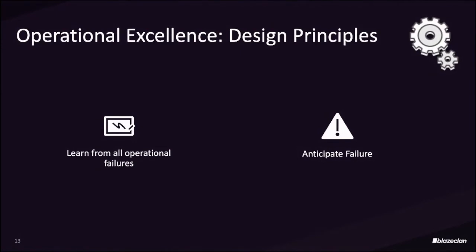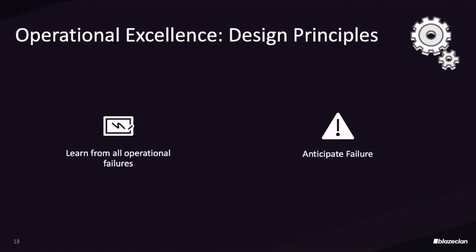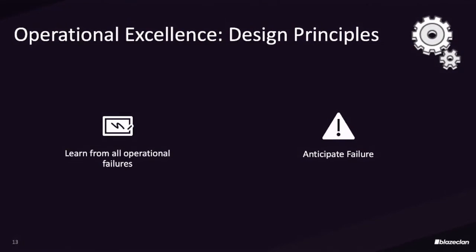So try and document it, evolve it, and ensure that you are able to tackle it in an automated way for the next occurrence. And of course, all said and done, anticipate failure and have an SOP in place: in case there is a failure, how do you tackle it as well?